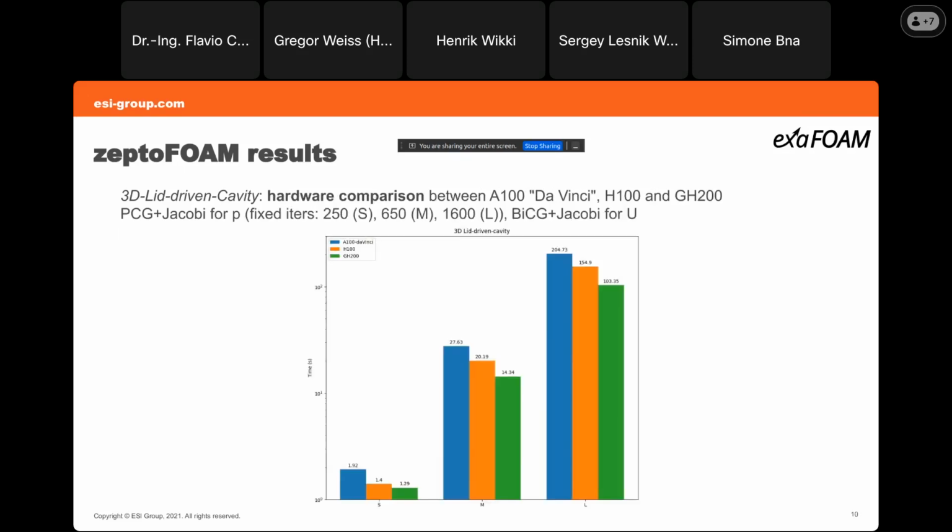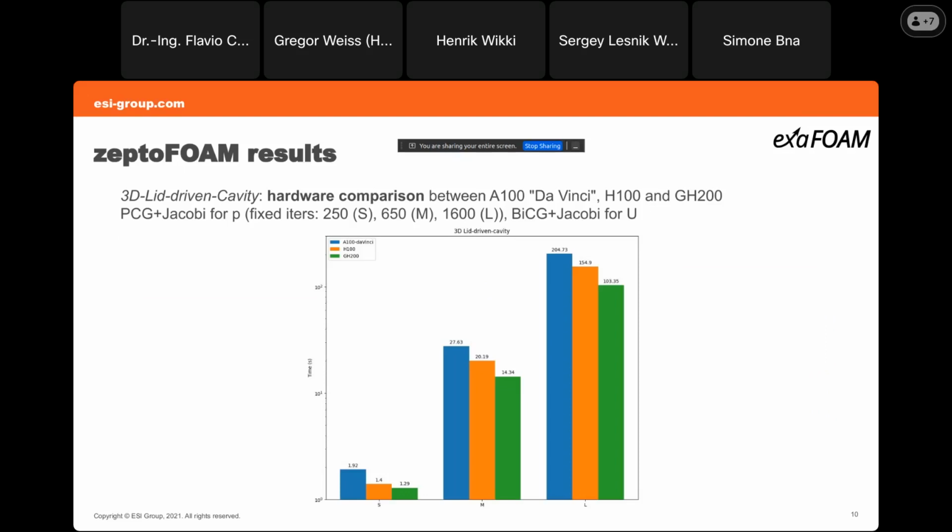And here is another plot that we obtained a few days ago by comparing the hardware between the Ampere that we have on Leonardo, which is also codenamed Da Vinci, which is a little bit different from the standard Ampere GPU that you find on the market, Hopper and Grace Hopper. This is a hardware comparison using the same solver, the same number of iterations, same benchmark.